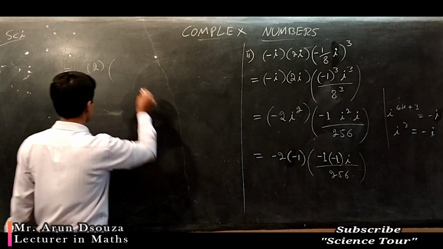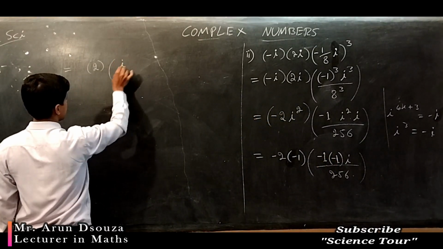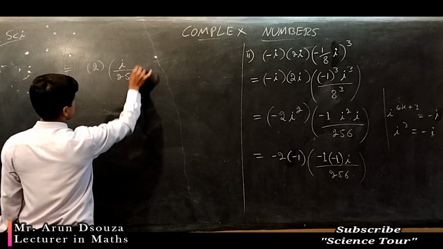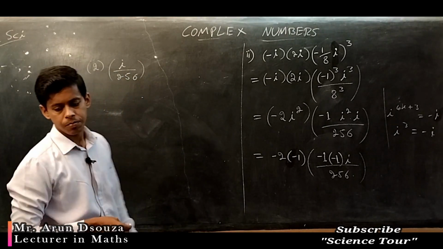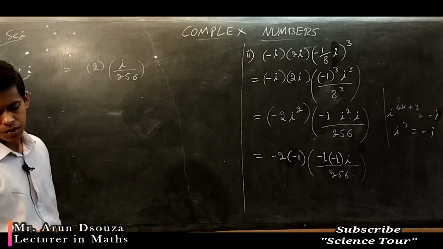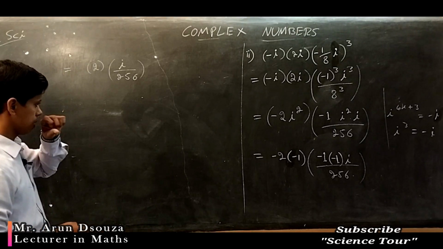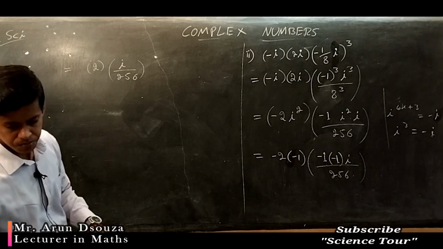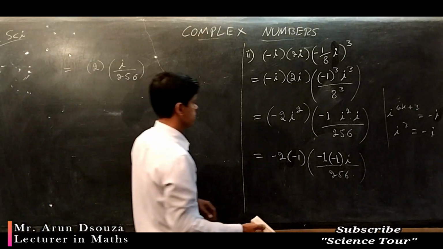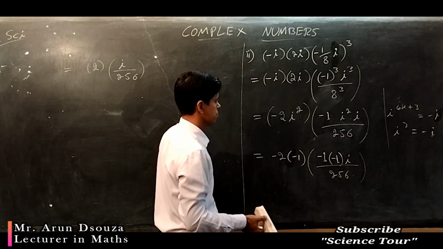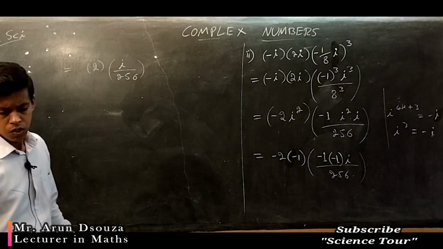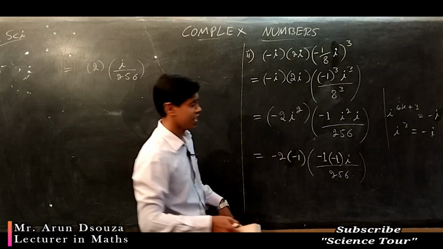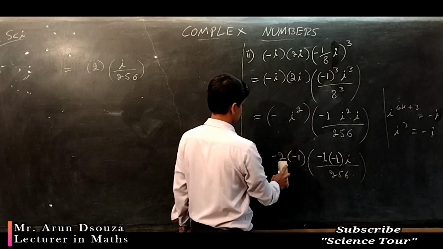So that is i by 256, correct? So finally what you can write is, well, so this is simplified here, 2, okay.